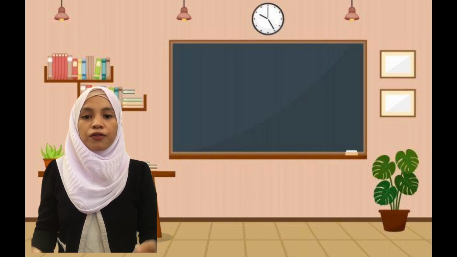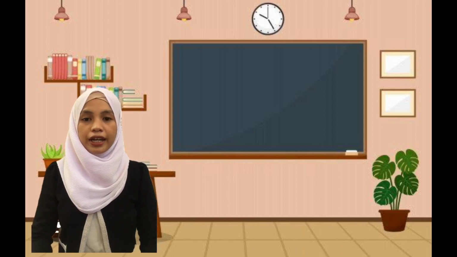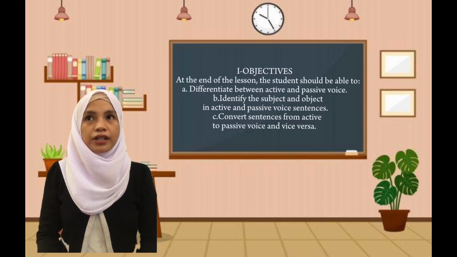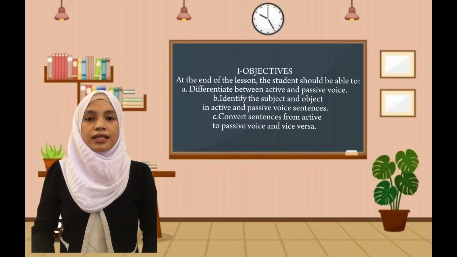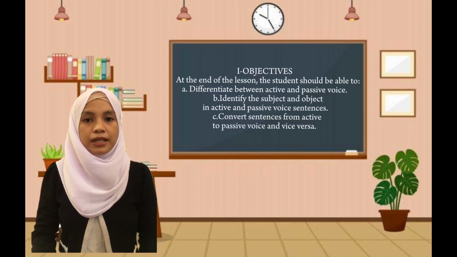Let me introduce you our objective for today. At the end of the lesson, the student should be able to differentiate between active and passive voice. The second one is, identify the subject and object in active and passive sentences.